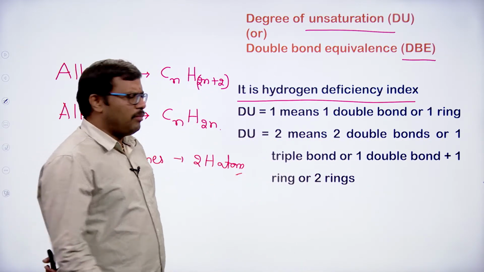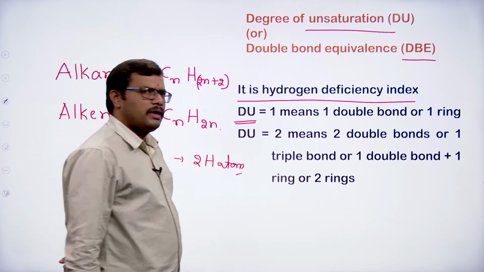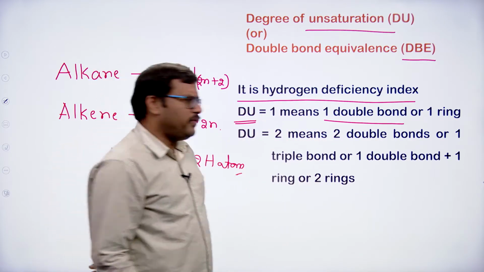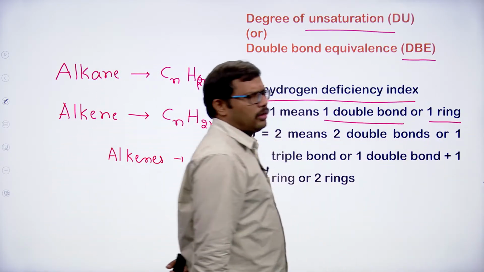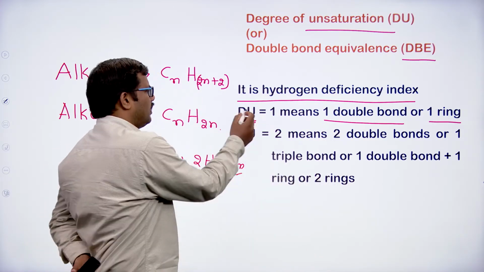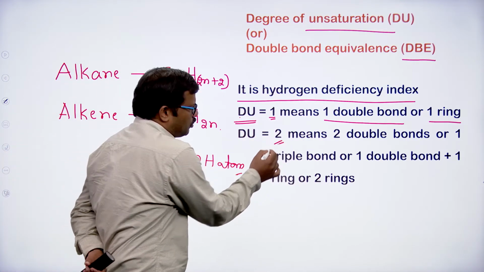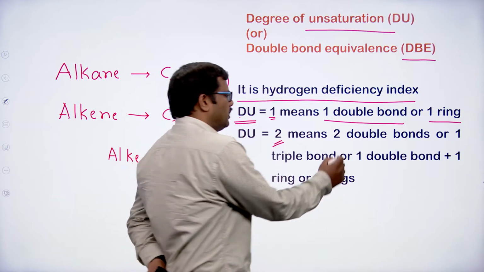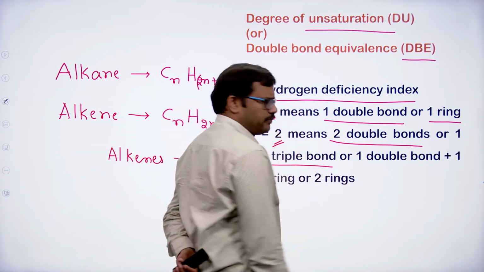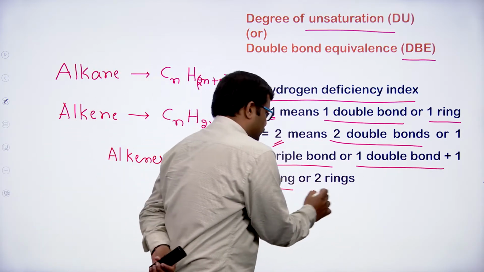For example, if the degree of unsaturation is equal to 1, it means we have one double bond or one ring in the molecule. If the degree of unsaturation is 2, the molecule may have 2 double bonds, or 1 triple bond, or 1 double bond and 1 ring, or 2 rings.